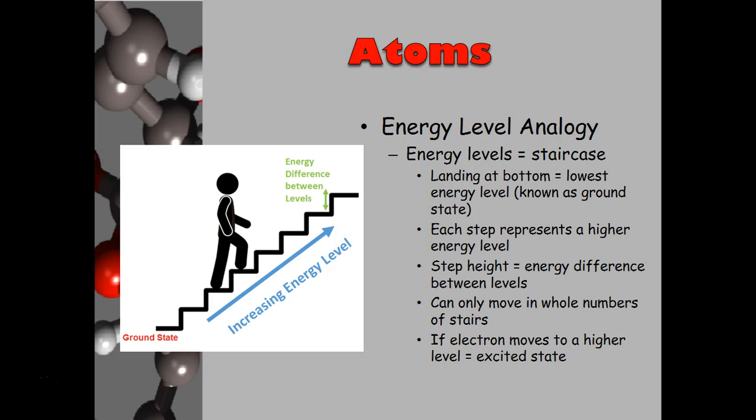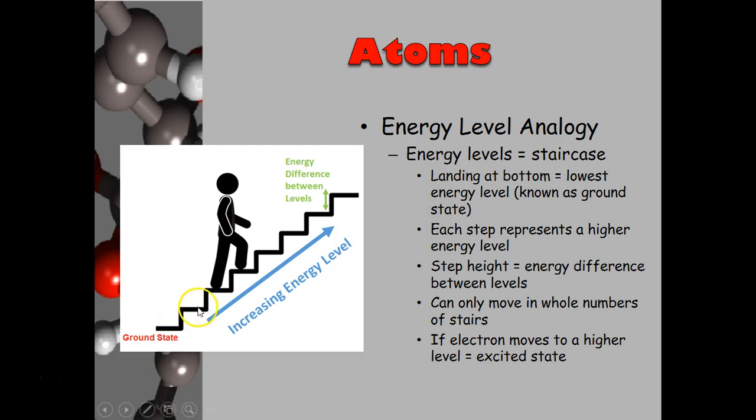The higher you are, the more potential you have in terms of energy, because the further from the center of Earth you are. So if I'm starting all the way down here at the bottom of the staircase, there's my ground state. That's orbital 1 or energy level 1. And that ground state, for those electrons, they have the lowest amount of energy that they need to have in order to maintain their distance from the nucleus, right?